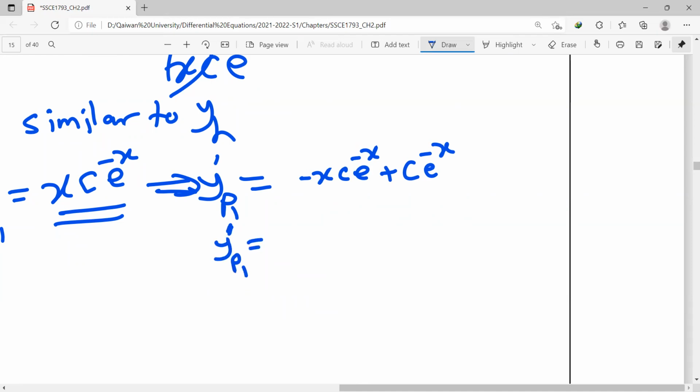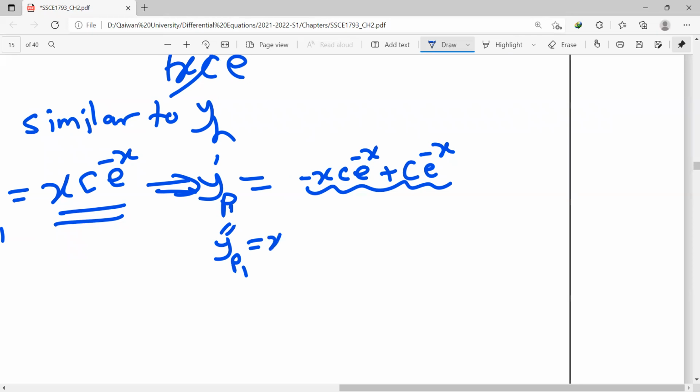For yp1 double prime, we are going to find the derivative of the first derivative. For the first term, we have multiplication of two functions, x times e to the power negative x. Here we say first times derivative of the second plus second times derivative of the first.